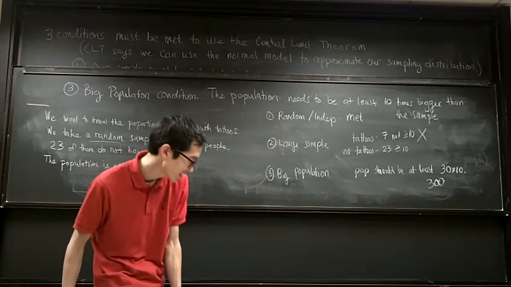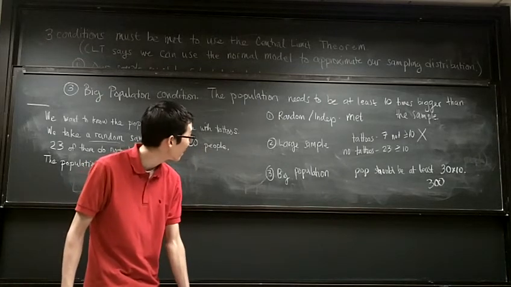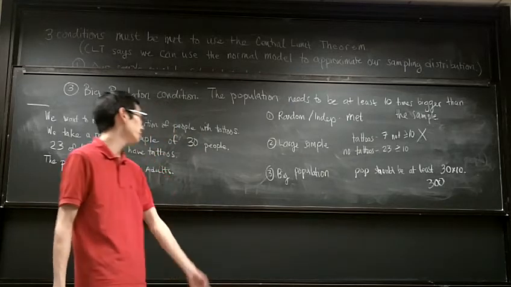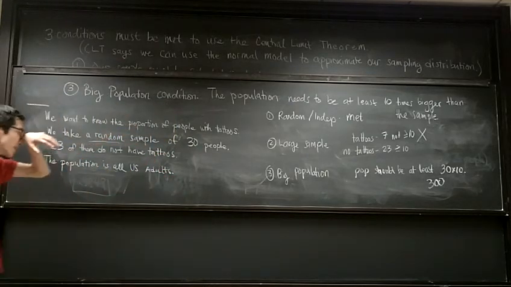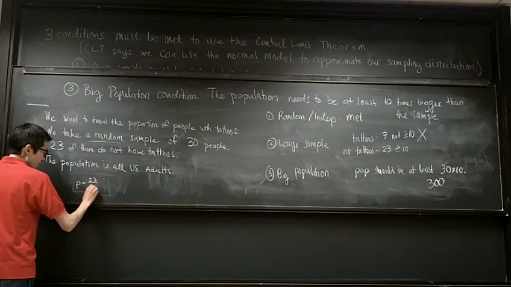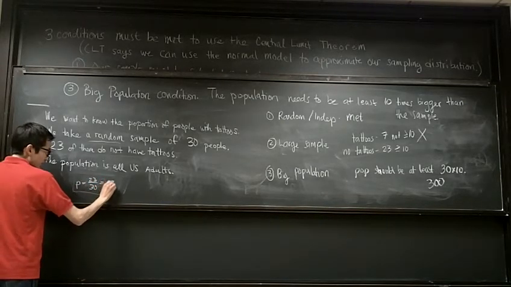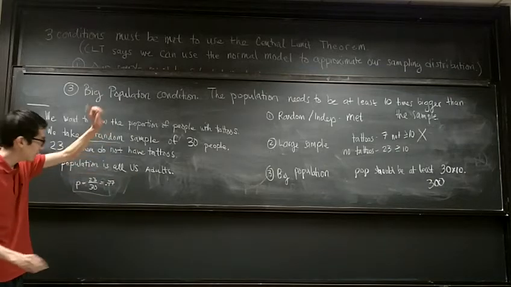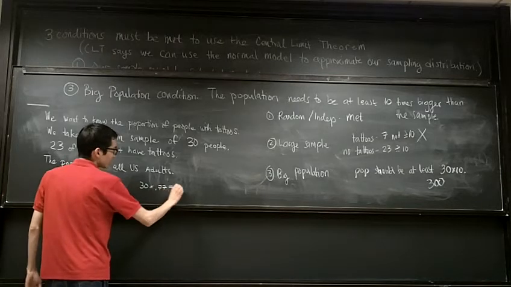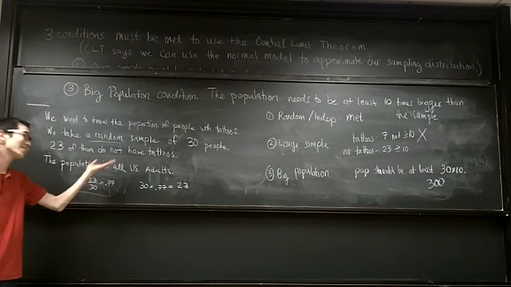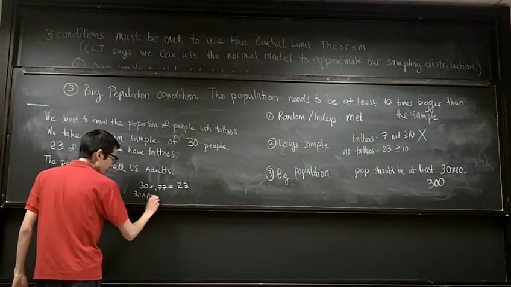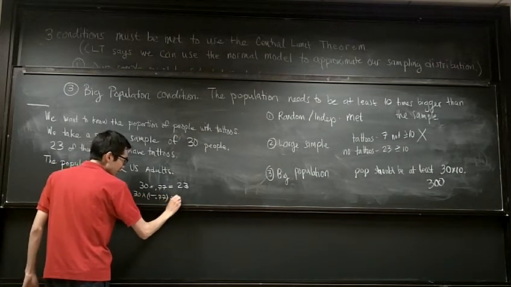You know how there's 23 divided by 30 for people with no tattoos? You could force a p hat calculation. You could say p is equal to 23 divided by 30, and you get something like 0.77. Then you would do n times p, 30 times 0.77, and that gives you 23. So you're back to square one. Then you could do 30 times 1 minus 0.77, and that gives you 7.